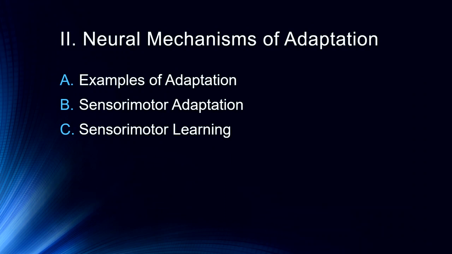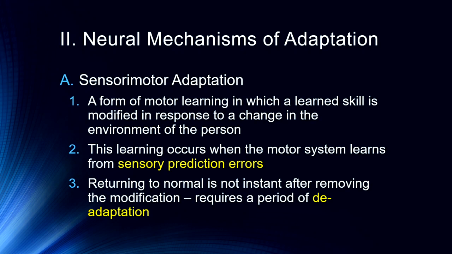Related to learning is this question of adaptation. We're going to delineate sensory motor adaptation from sensory motor learning. What I was just describing was sensory motor learning. But we want to talk a little bit about sensory motor adaptation. It's a form of motor learning in which a learned skill is modified in response to a change in the environment of the person. There are a number of examples of these we're going to talk about in a moment.